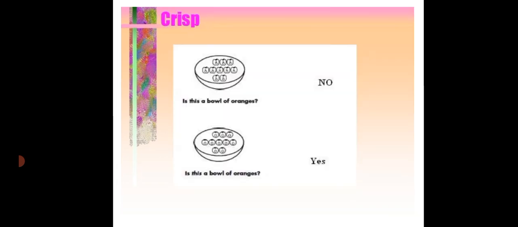Okay, next. This is a bowl of oranges. The same. Crisp is yes or no. So fuzzy can be imprecise or not clear, not cut and clear. For example, I always explain this to my students: a driver is driving a car, right? He is driving in the front seat, and the man who guides the driver asks him to take right.